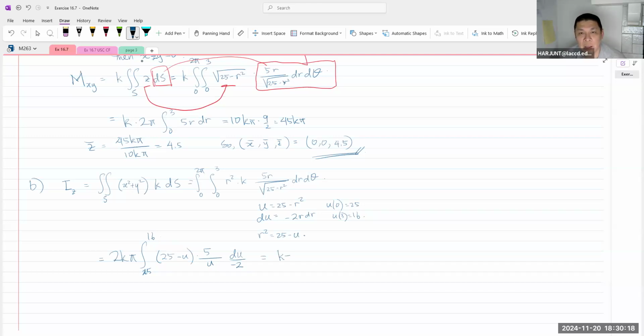I get k pi, integral from 16 to 25. This is to the 1/2, by the way. Let me pull the 5 out. So I get 25 u to the power of negative 1/2 minus u to the power of 1/2.